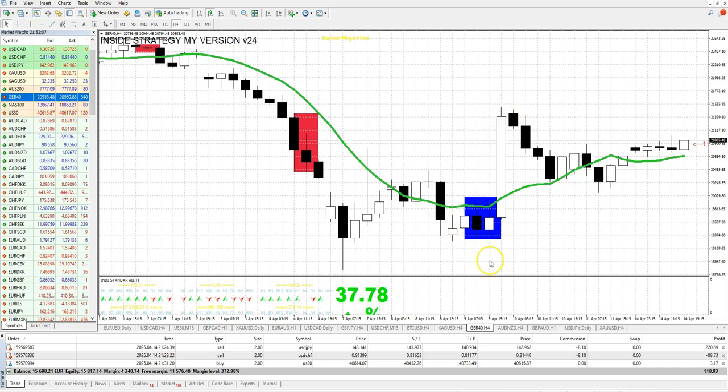This is too big a candle, this is an okay candle, but this 200 pips, something is happening, some news in the market, then wait until the market is normal again, then trade again.